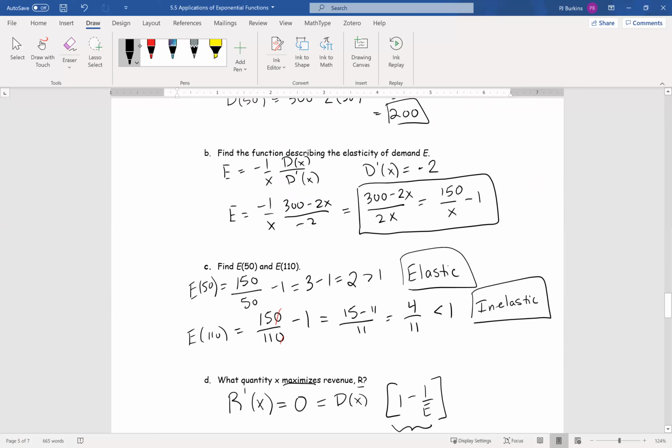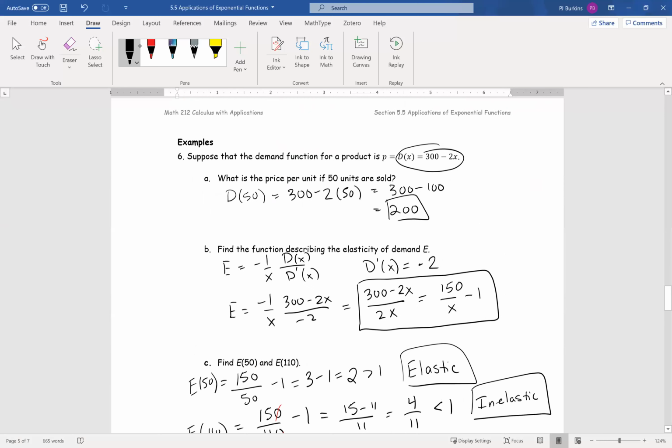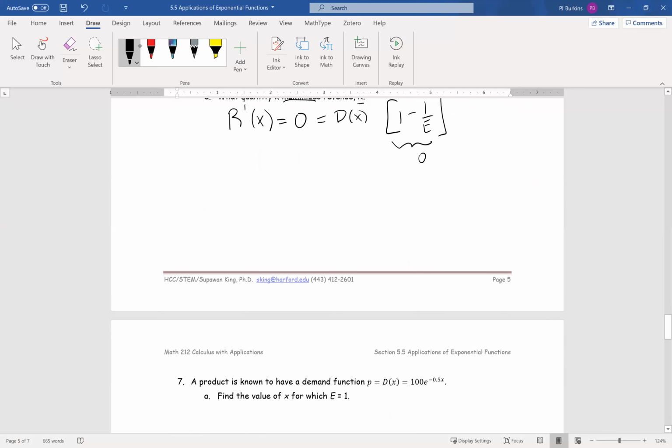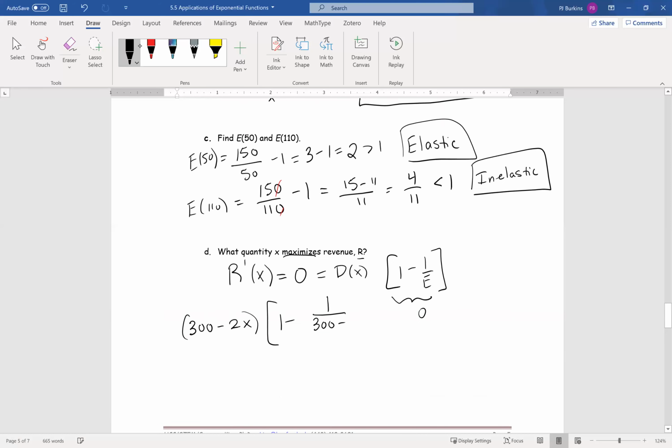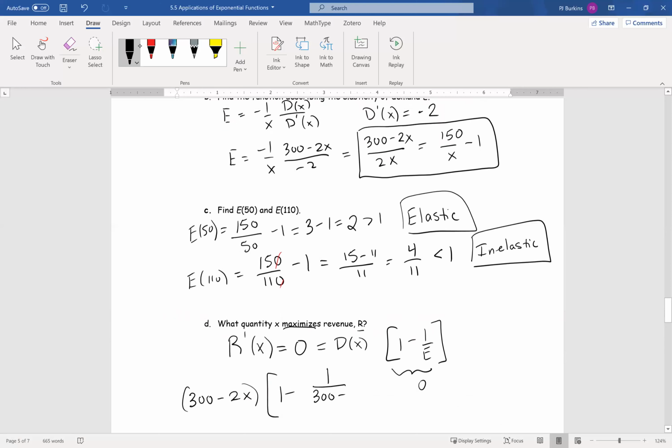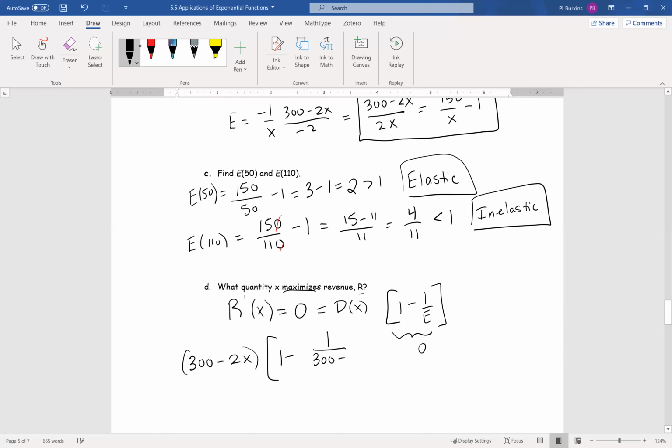So let's plug in. We want 300 minus 2x, that's d, and then we have 1 minus 1 over e, which we had up here. I'm going to write it in the 300 minus 2x all over 2x form.